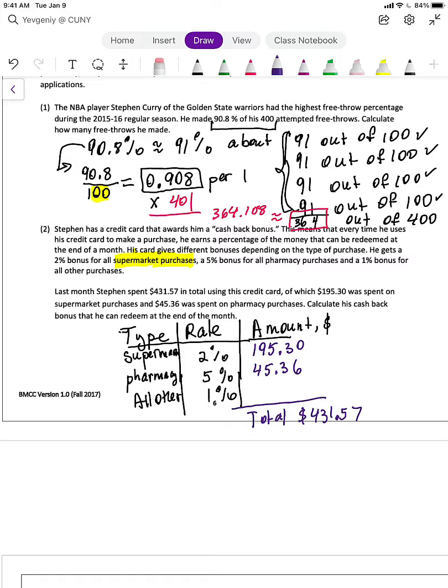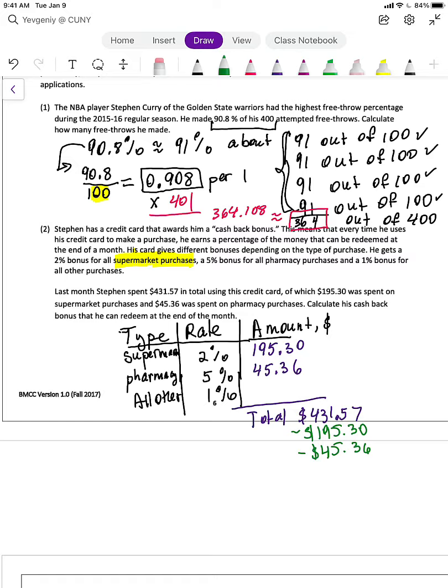Okay, so to calculate that, we're going to take the total and deduct the other two categories, correct? Hopefully that makes sense. So we're going to deduct 195.30, and then we're also going to deduct 45.36 to see how much we spent on the other categories. We're using a calculator throughout this course, so we don't do anything by hand.